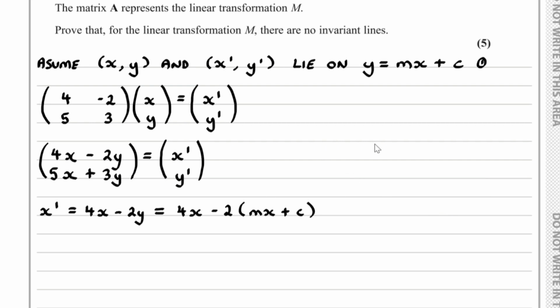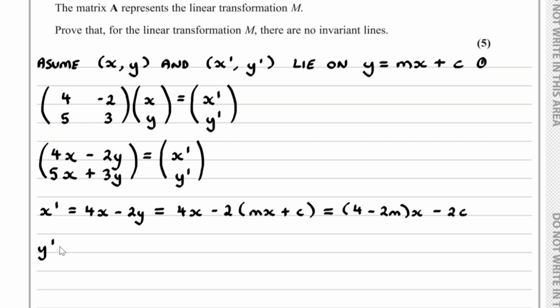And if you want to expand all of this and simplify, gathering the x terms together, we have 4 minus 2m lots of x, and then we have minus 2c.